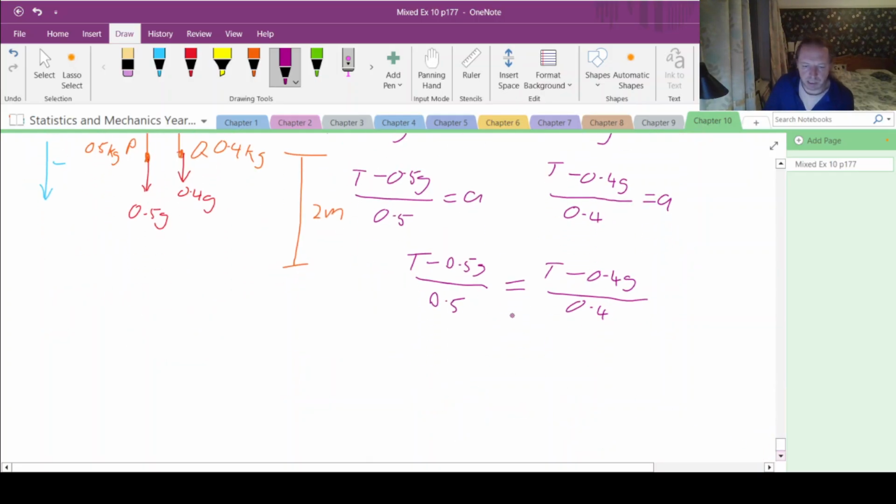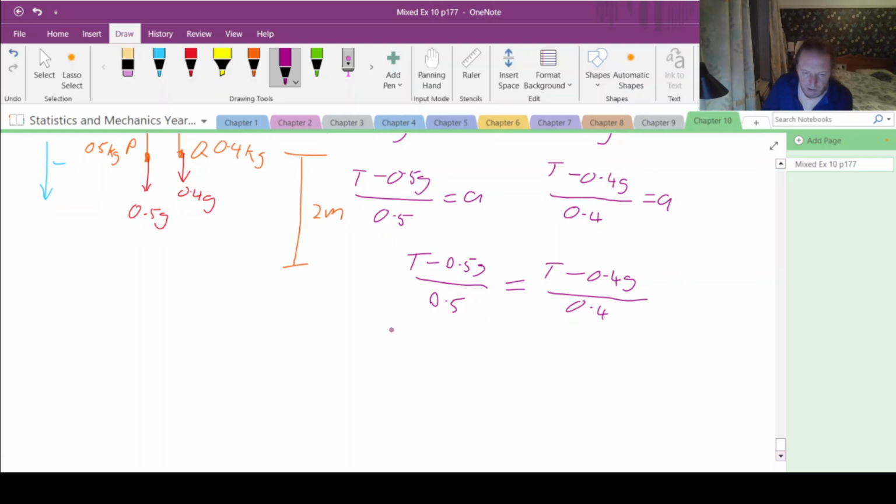Okay, solve it for T then. How do we want to do that? Let's multiply by 0.5 on the right, multiply by 0.4 on the left, and then we start putting it together and getting the T's together.